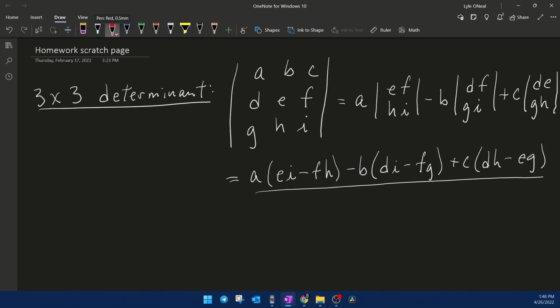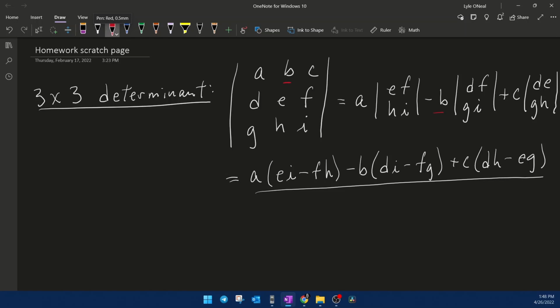And then you would move to the next element in row 1, and it is important to note that the signs change. So these signs are going to alternate, plus, minus, plus, going across, and this would work the same no matter which row or column you choose to expand around.